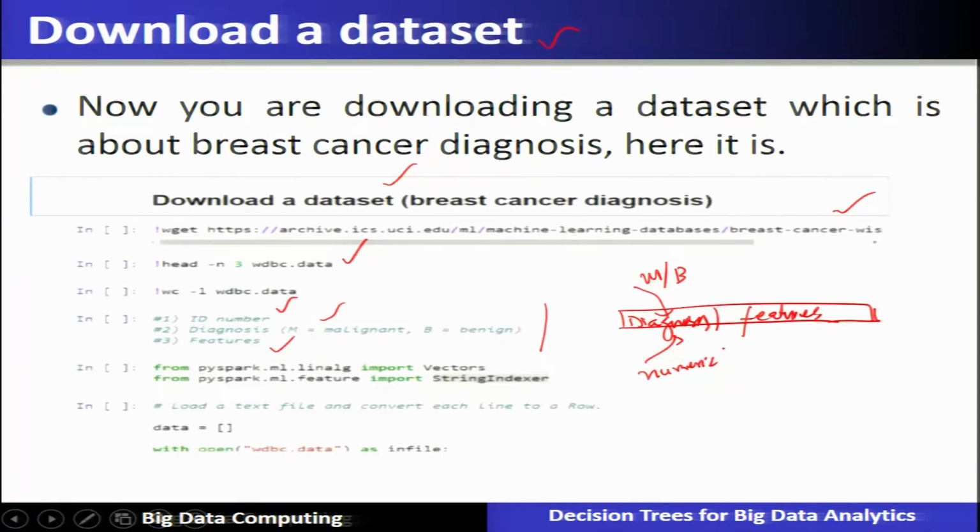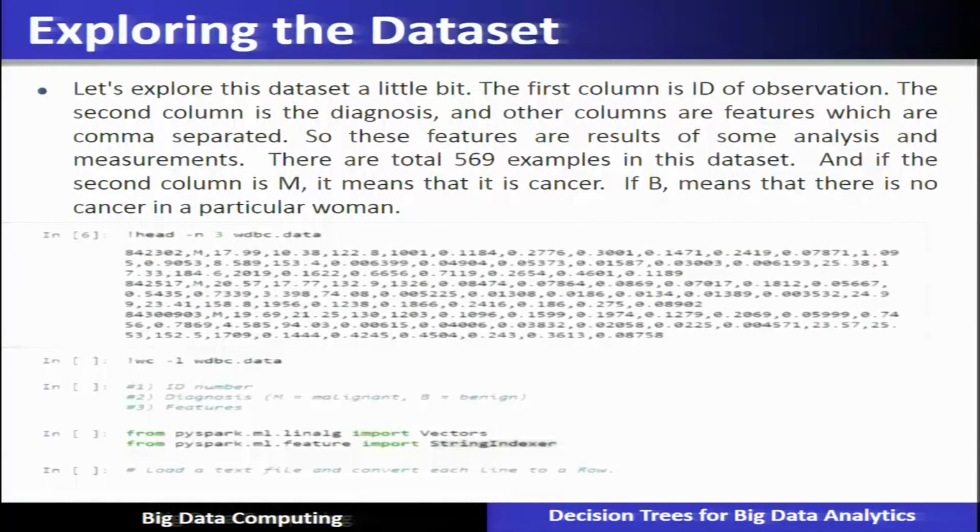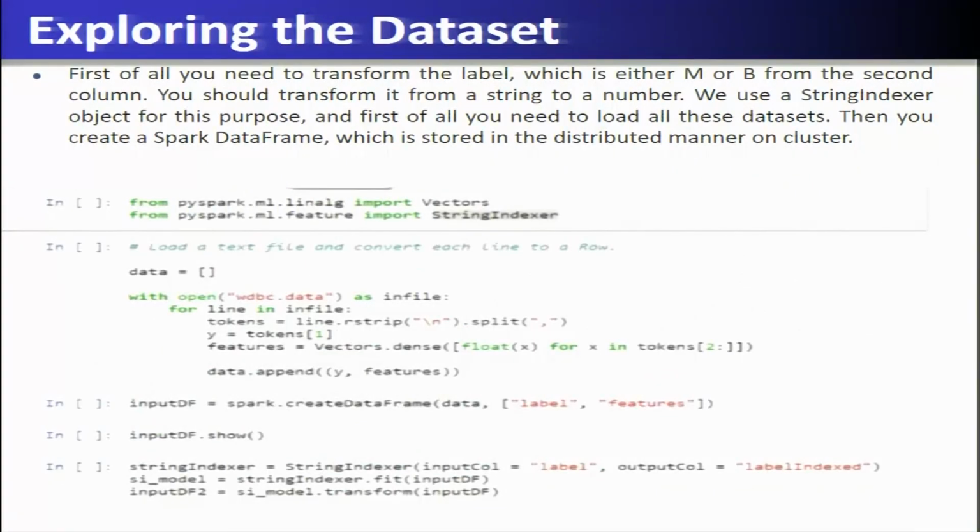So, we have to load the file and convert this field into a numeric field. Out of the 569 examples in the data set, we have to convert the diagnosis field into numeric values, and then explore the data set.